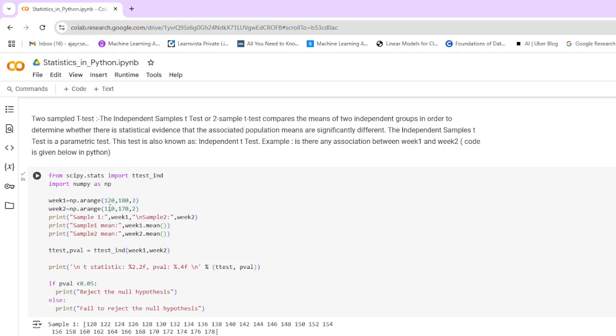Let's say if I give 120 and 180 as what we have over here, we will get the same means, and then it will fail to reject the null hypothesis, considering that the two distributions have similar means. This is the two sample t-test for independent samples.